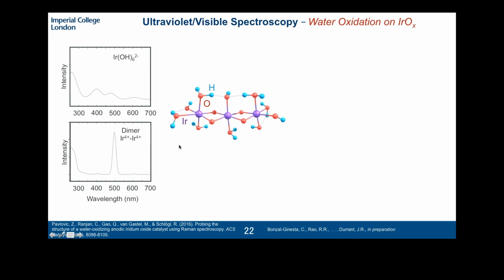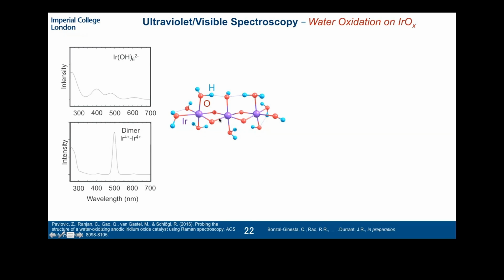There have been some DFT calculations about four or five years ago now, where they were able to see that if you had a single iridium center, you have quite a flat UV-vis spectrum, and one doesn't expect to see any significant absorption changes. But if you look at a dimeric center, so two neighboring iridium sites connected by oxo bridges, you can then expect to see significant changes in the UV-vis spectra as you oxidize this dimeric cluster.